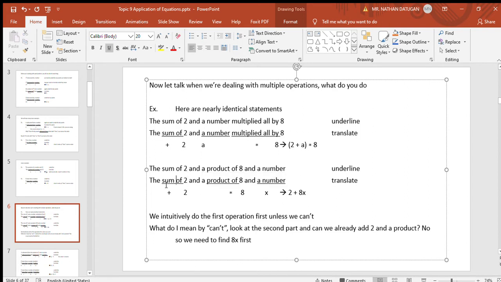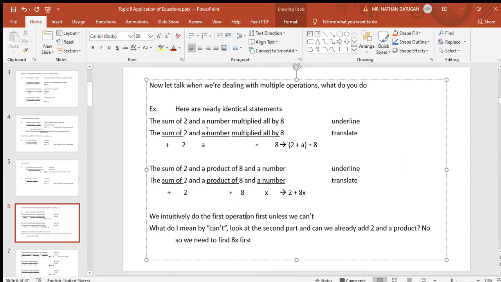So what do we have to do now? We're going to add 2 and what? 8? Nope. x? Nope. What we're going to add with 2 is 8x. So the sum of 2 and a product of 8 and a number is 2 plus 8x.